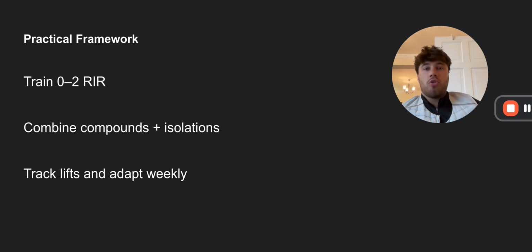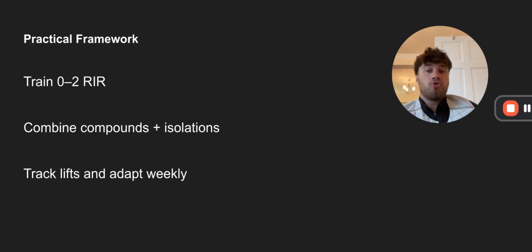Now, research shows training to absolute zero, balls to the wall failure, and 2 RIR doesn't give all that much difference in gains for the amount of fatigue it causes. But I would always say train to failure. Why? Because a lot of people just simply are not capable of training to a true 1 to 2 RIR.